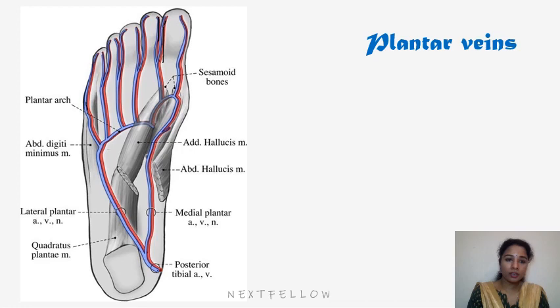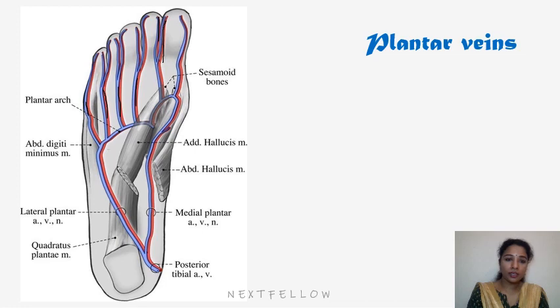You can see here 4 plantar metatarsal veins, and these metatarsal veins connect with the dorsal veins by means of perforating veins, and these veins connect with each other and constitute a deep plantar venous arch.